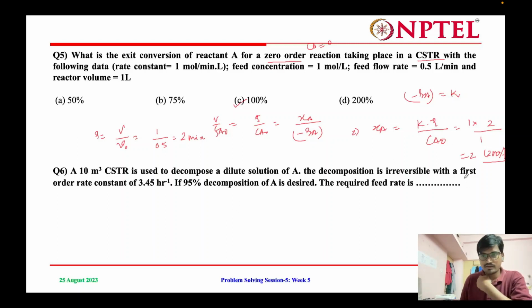So here it is a first order reaction and the reactor is a CSTR. The performance equation for the first order reaction at constant volume is K tau equal to Xa by 1 minus Xa. Right. So tau, Xa given 0.95 and K given, so tau equal to 1 by K into Xa by 1 minus Xa.